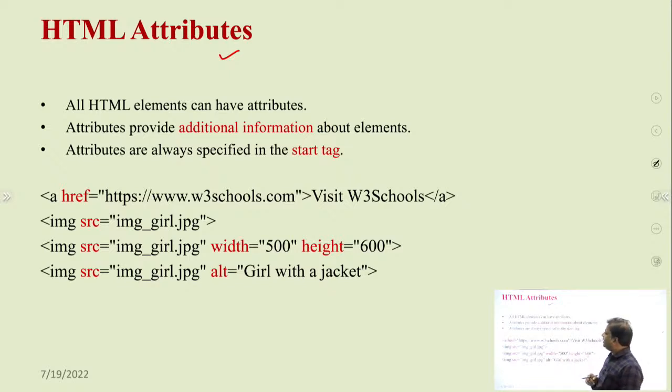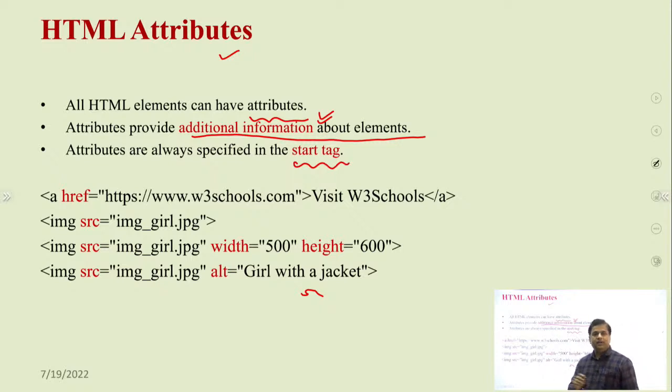So all HTML elements can have attributes. Attributes provide additional information about the elements. What is the additional information? We will see. Attributes are always specified in the start tag. The start tag will contain the attributes.